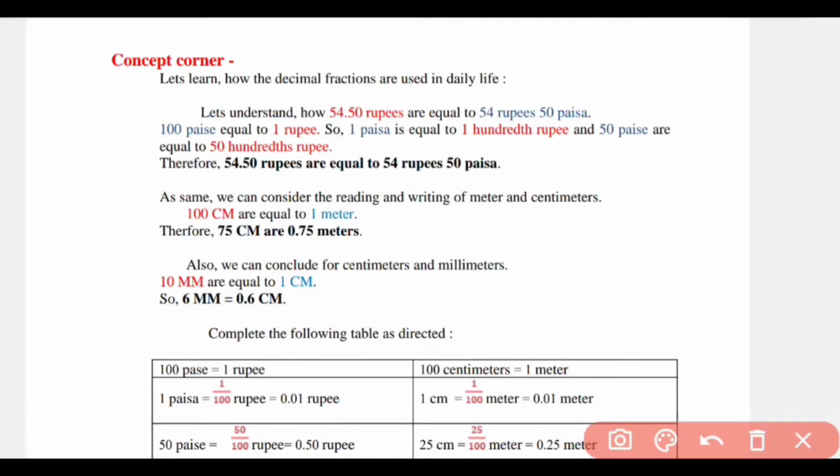So if you get an example like 6 mm is equal to what, you can directly write 6 mm is equal to 0.6 centimeter. In this way we can do the conversion.